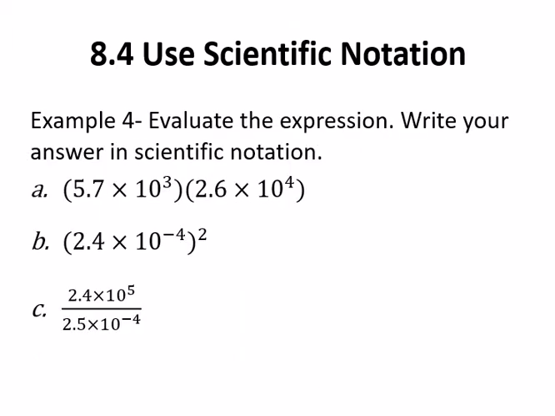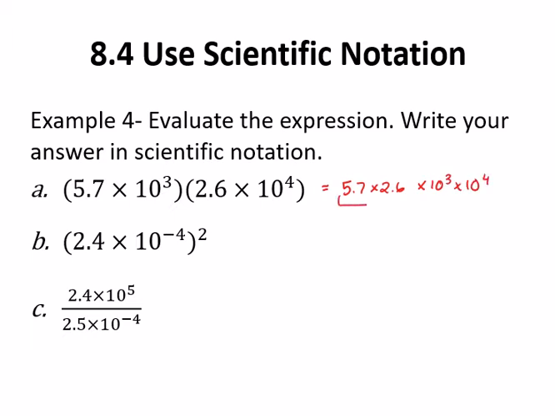Alright, let's look at some more examples. Evaluate the expression and use scientific notation. Write your answer in scientific notation. So here I'm multiplying two numbers. What you can do is rewrite it. You can use your commutative property. You can take 5.7 times 2.6 and then 10 to the third times 10 to the fourth.